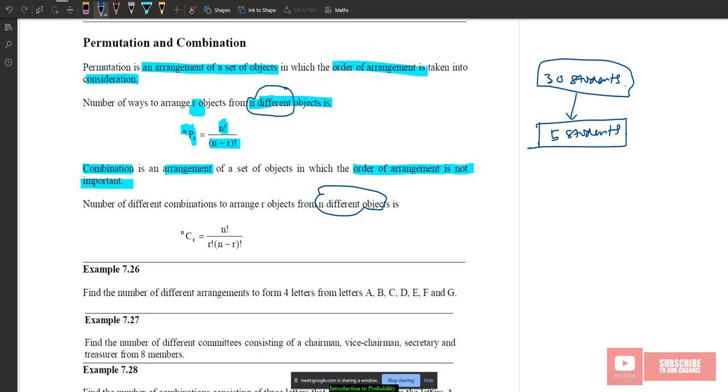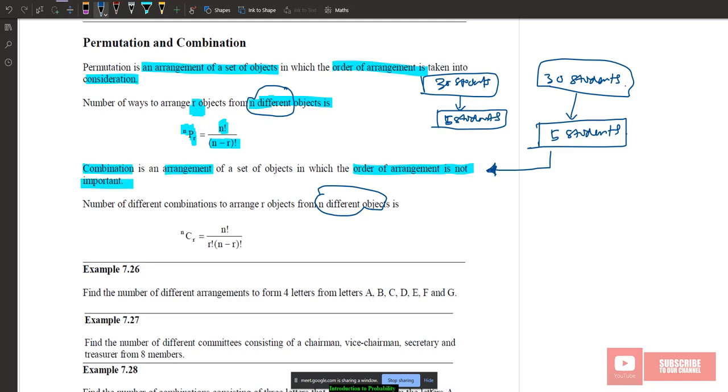The order is not important, meaning I just want to pick 5 people out of 30. So for this formula and this situation, I can choose combination, right? So this is the first situation. The second situation is I have 30 students, right? I want to choose 5 students out of 30 students.